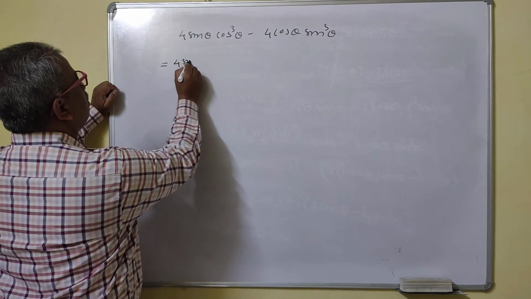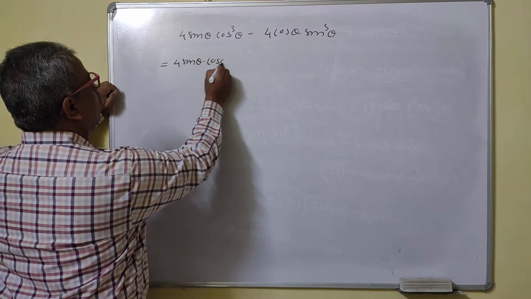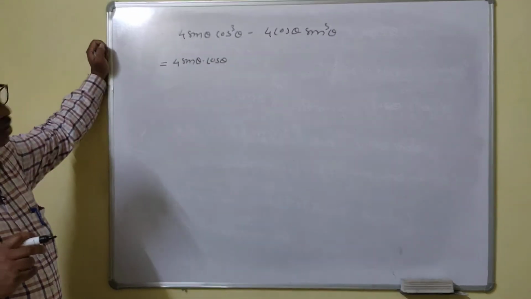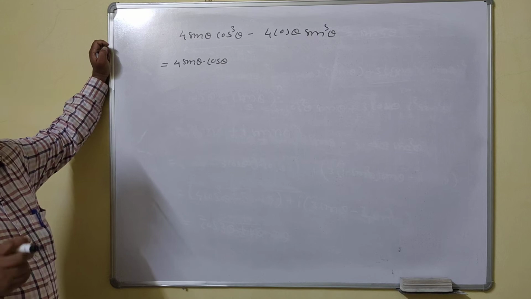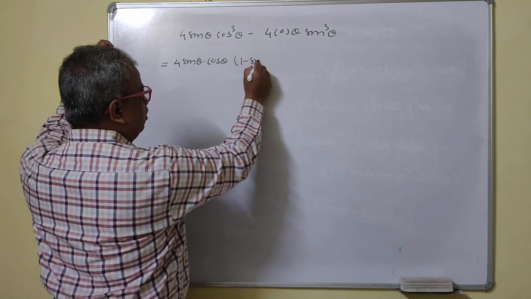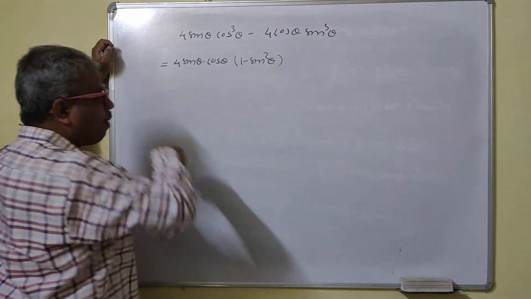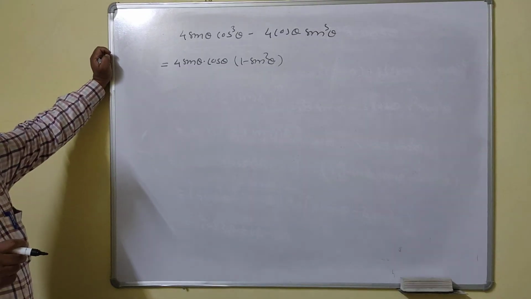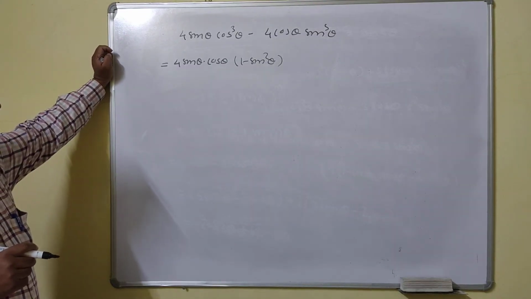So what we will do: this is 4 sin theta cos theta, and cos cube we write as cos theta into cos square theta. Cos square theta is 1 minus sin square theta. Again we write here minus 4 cos theta sin theta, and sin cube as sin theta times sin square theta.